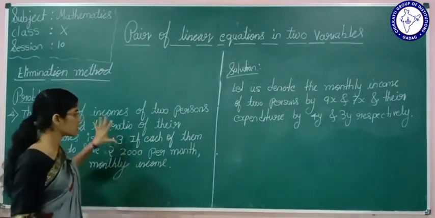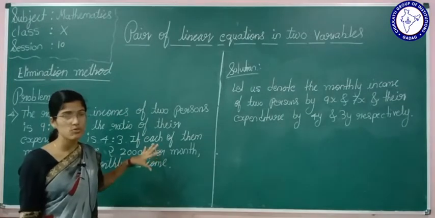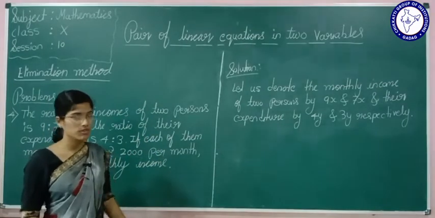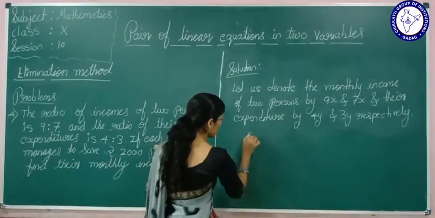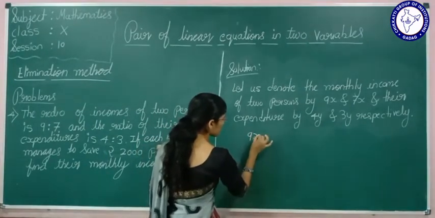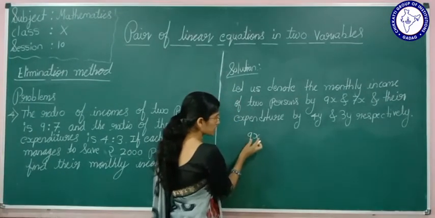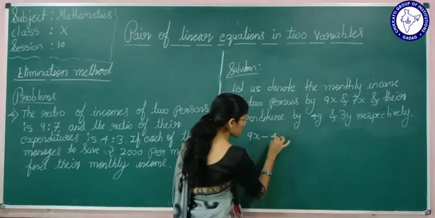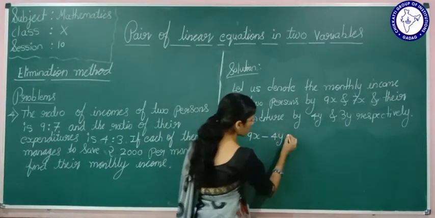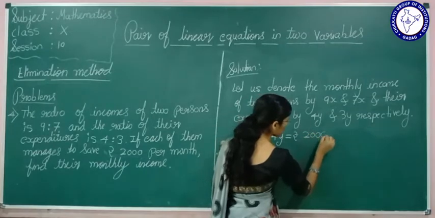According to the situation of this problem, we will form the equations. What is here? The monthly income of the first person is 9x, and the expenditure of the first person is 4y. How much will he save? He will save rupees 2000.